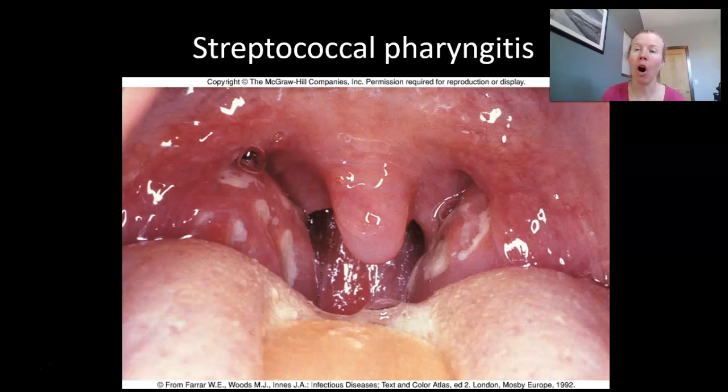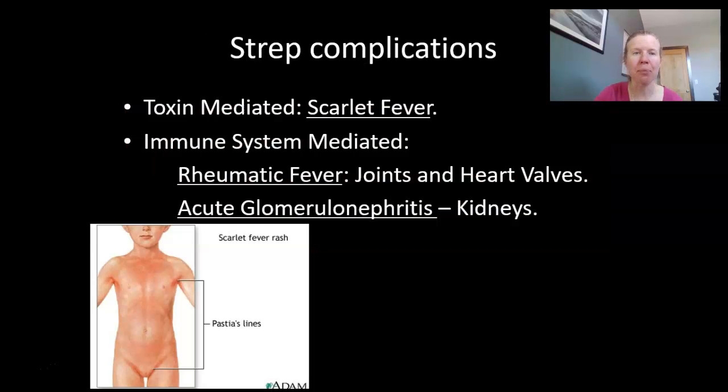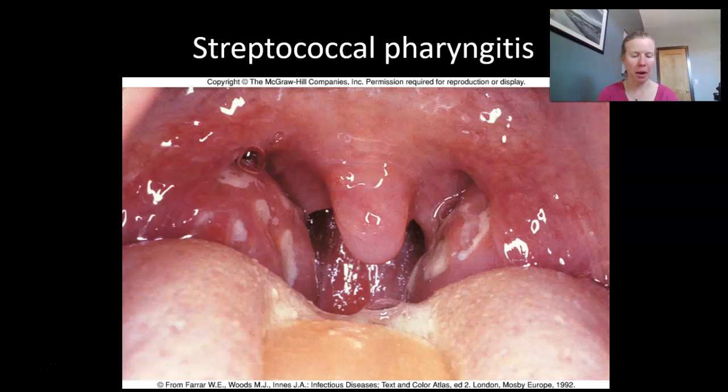Okay, often people can be asymptomatic and just carrying these bacteria around, and sometimes, of course, they're also disease-causing. Again, the most common causative organism of strep throat is strep pyogenes. It's a group A Streptococcus that's beta hemolytic. It is transmitted by respiratory droplets.